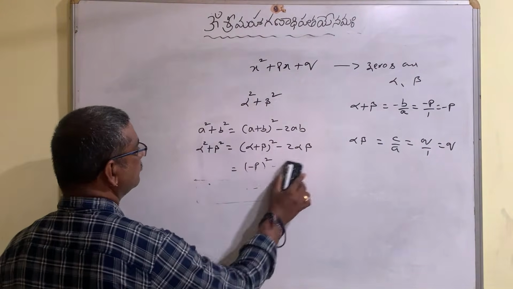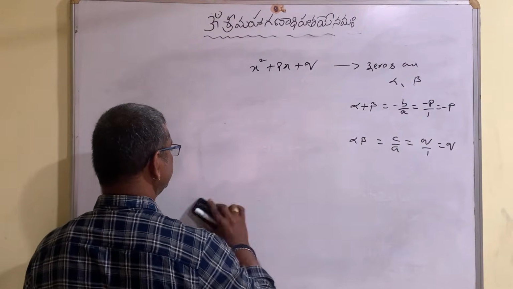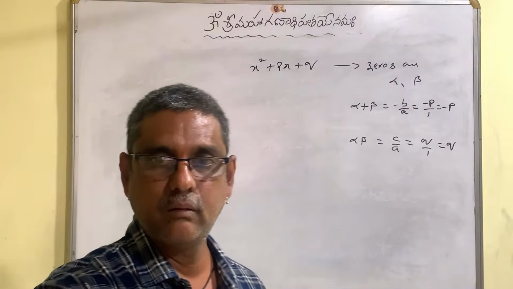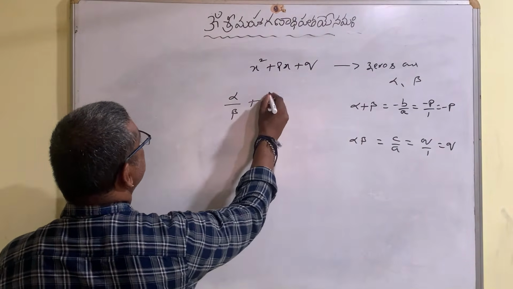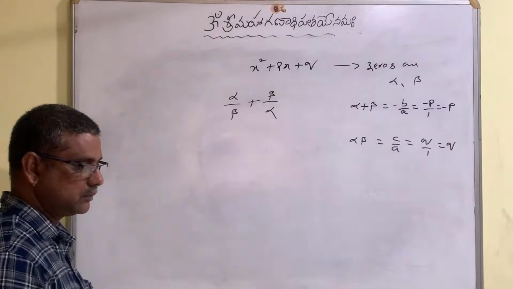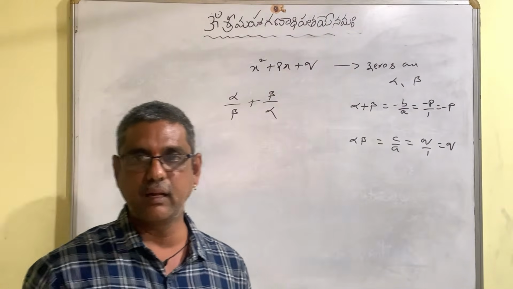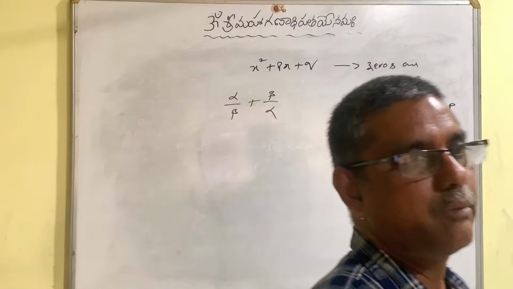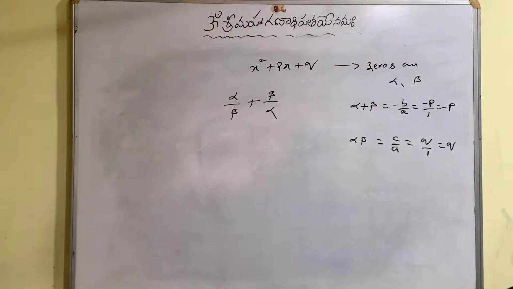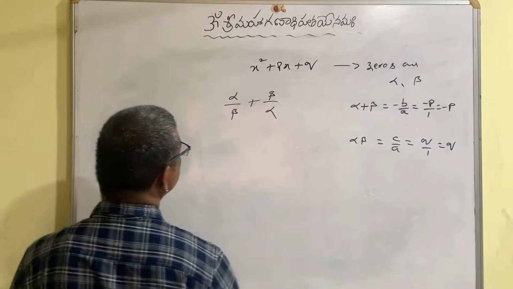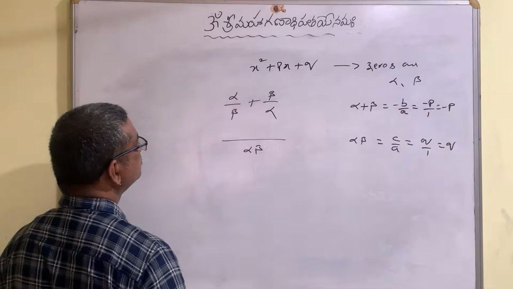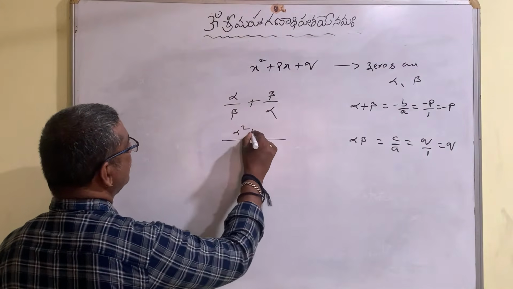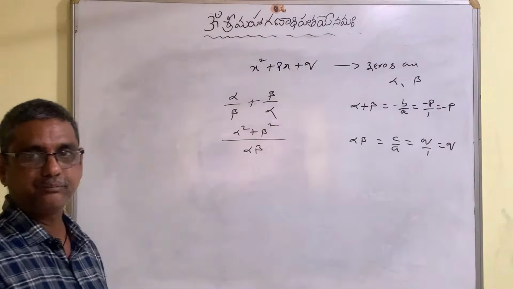Now we'll observe one more problem. Find out alpha by beta plus beta by alpha value for the same polynomial. Now take LCM for this. Alpha beta is the LCM, and here you will get alpha square plus beta square. Is that right?